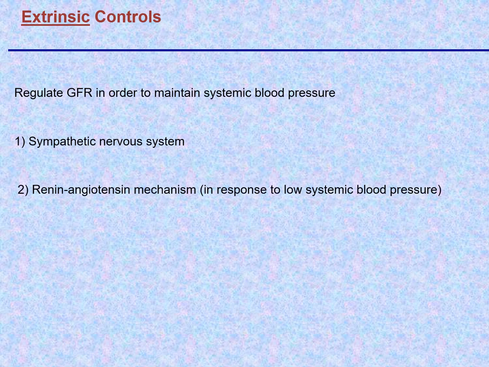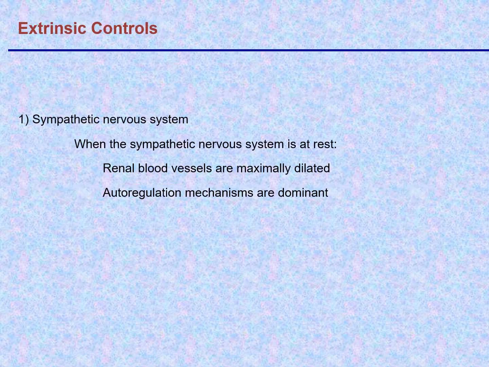Now, those were intrinsic controls. The other two types of controls are extrinsic controls that will regulate GFR. One being the nervous system controlling it, and the other being the renin-angiotensin system. We'll go through these extrinsic controls one at a time.